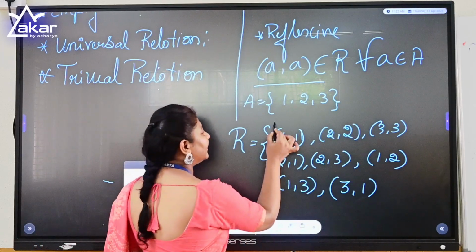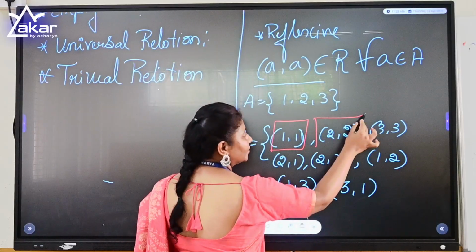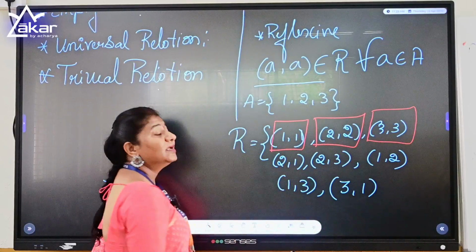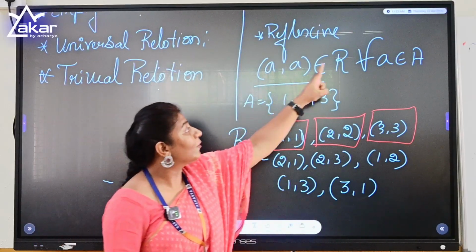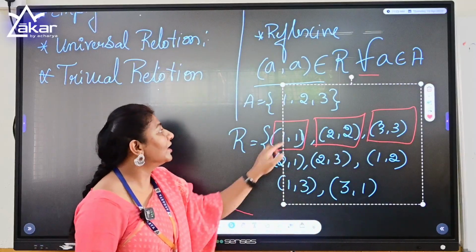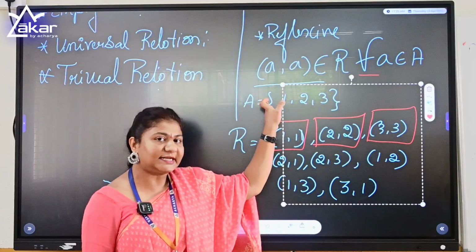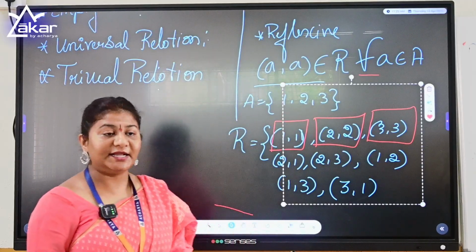The first element is (1,1), the second element is (2,2) and the third element is (3,3), which belong to R. And what does it say? For every a belongs to A. Means you have to check it for every element of the given set A. Then only we call it a reflexive relation.